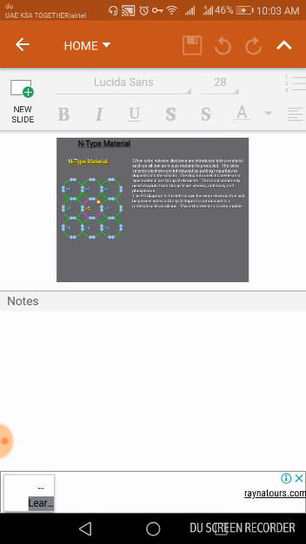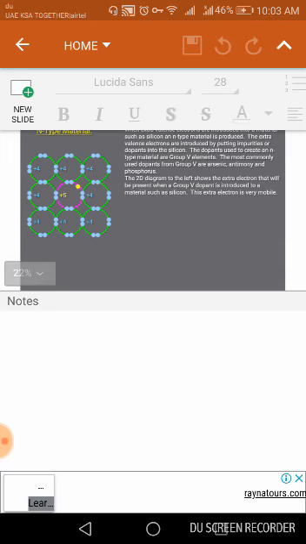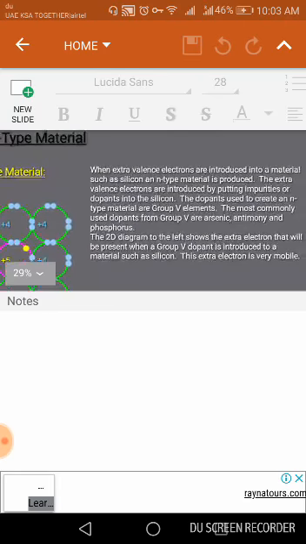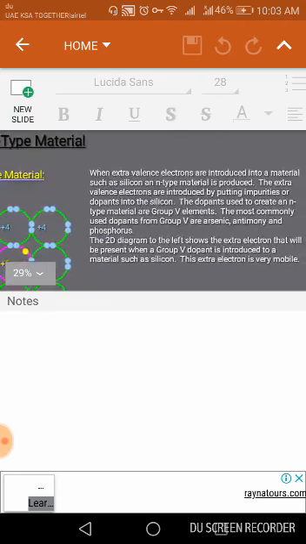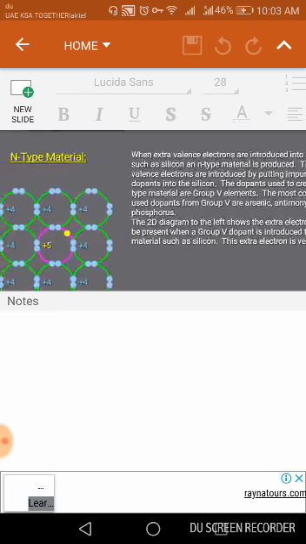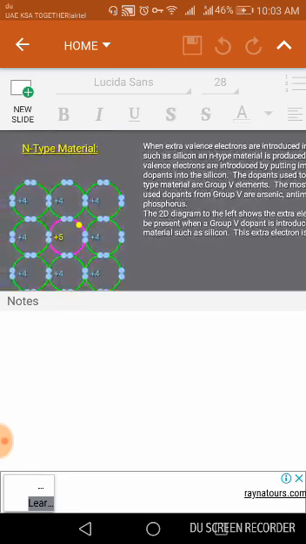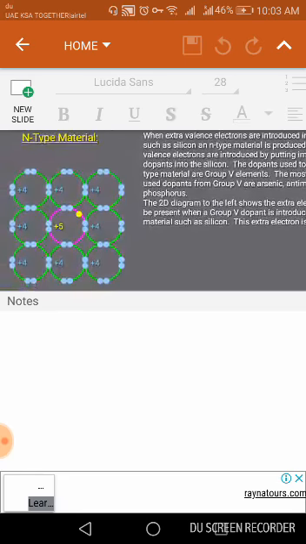Now, what is meant by P-type material or N-type material? When pentavalent impurities, that is, elements from group 5 of the periodic table, are doped into the semiconductors, then N-type extrinsic semiconductors are formed. These N-type materials have extra valence electrons in their valence shell, so the number of electrons is more than the number of holes.